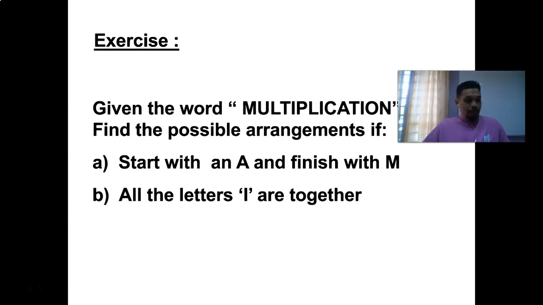For question A, the number of arrangements that start with A and finish with M is 19,958,400 ways of arrangement, and with all the letters I together, this one is 119,750,400 ways of arrangement.